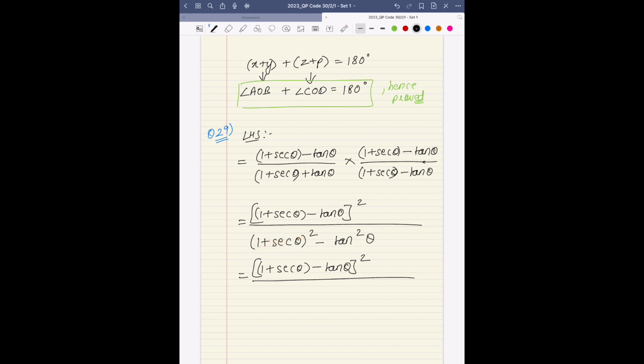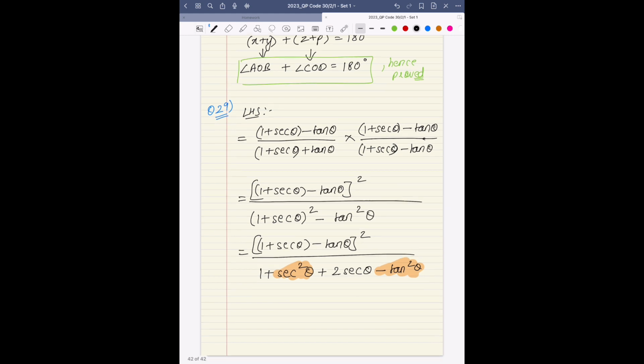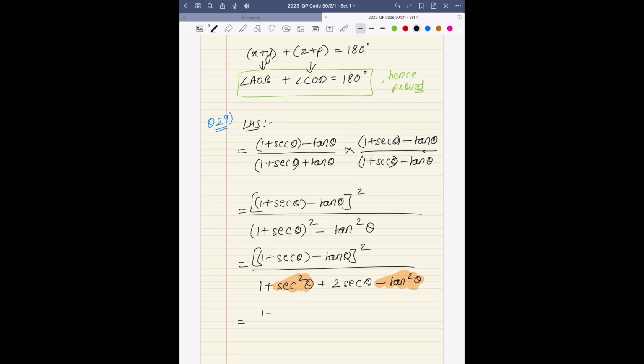So this will become A square, 1 square is 1, plus B square plus 2AB. So 2 into 1 into sec theta will become 2 sec theta, minus tan square theta. Now this expanded. Look at this. Sec square theta minus tan square theta is nothing but 1.